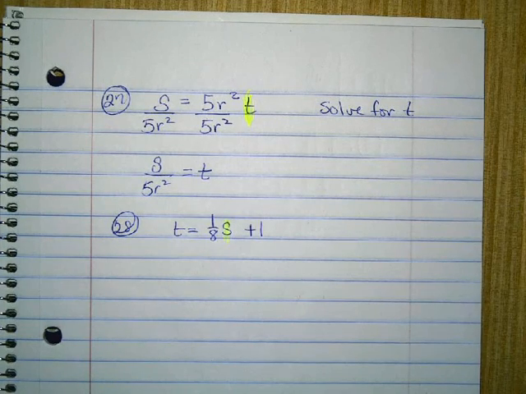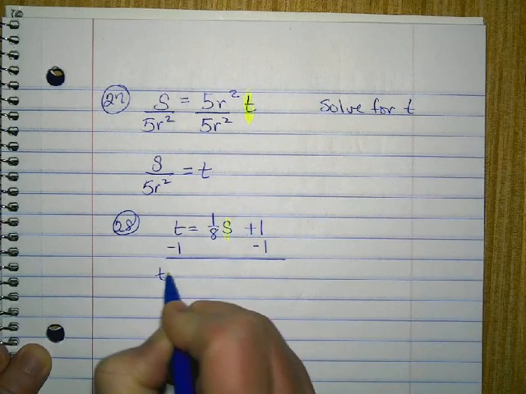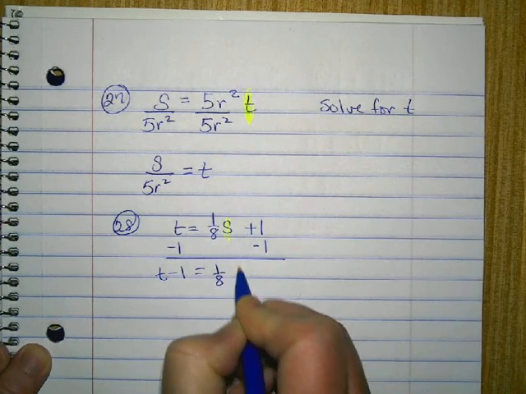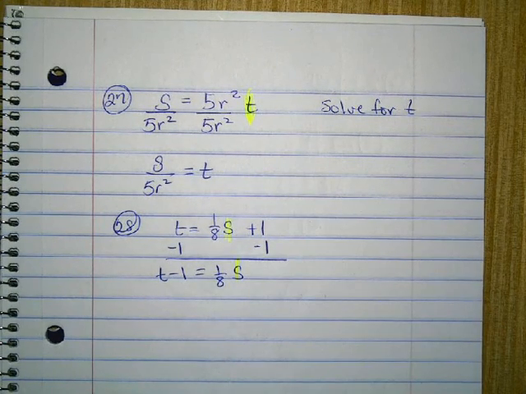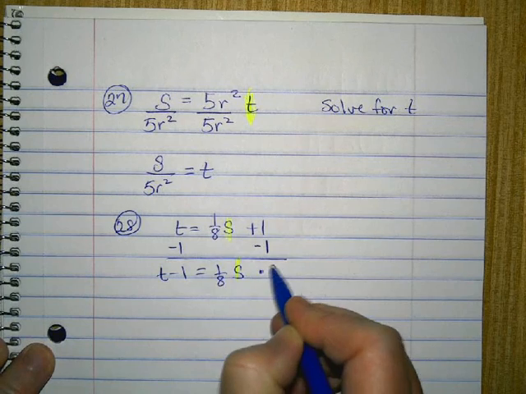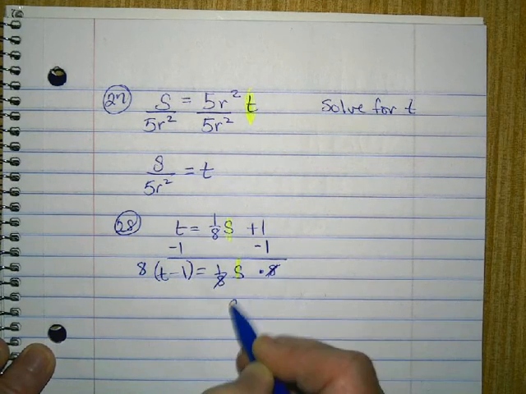We're going to have to get rid of the 1. So I'm going to subtract it from each side. T minus 1 equals 1/8 s. I'm still trying to isolate the s. So I'm going to multiply both sides by 8. These will cancel. S will equal 8 times t minus 1.